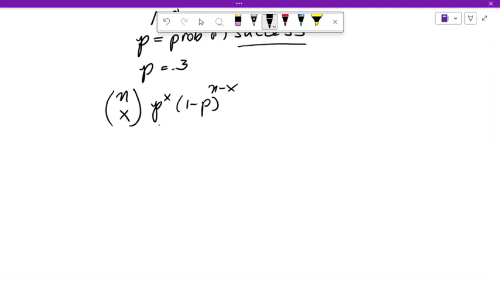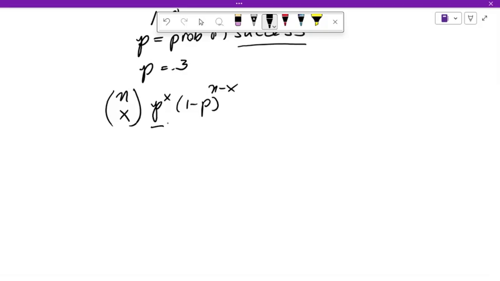P is the probability of success, and it's raised to the power X. If I have 3 things that could be defective, P is the probability that they are defective, and I have it X times. 1 minus P is the probability of not succeeding, and n minus X is the number of not successes.